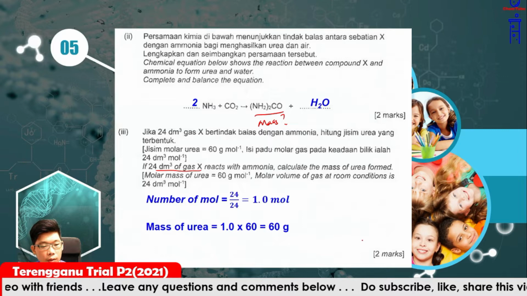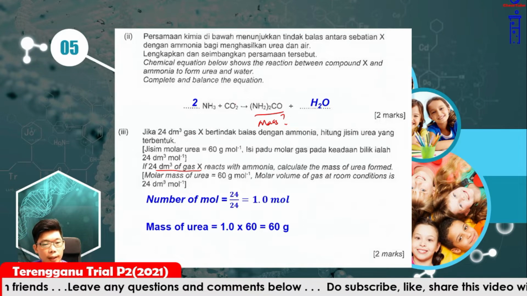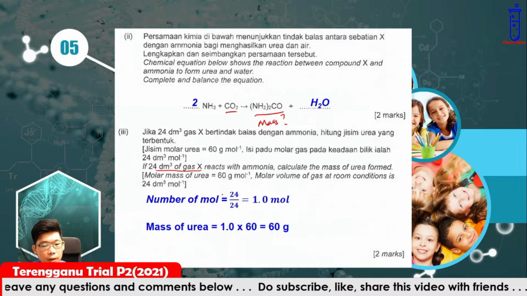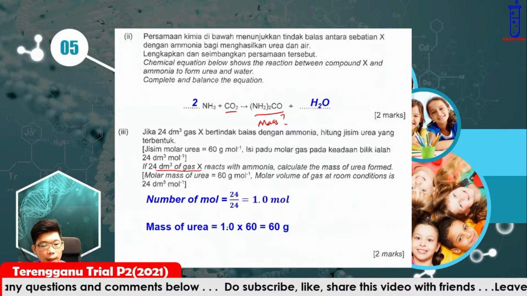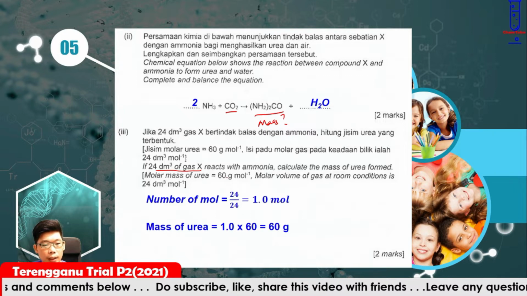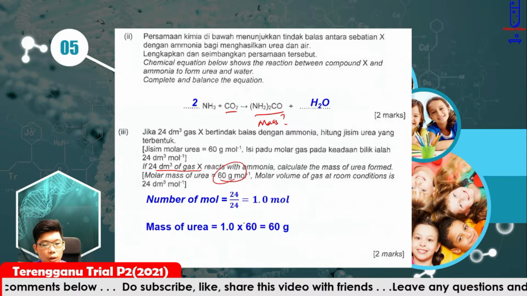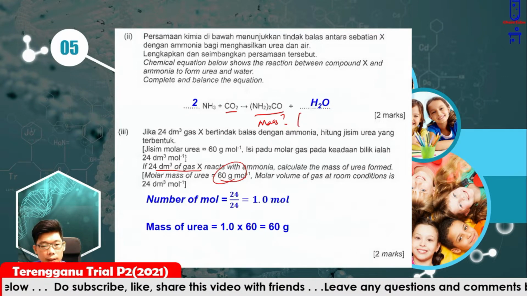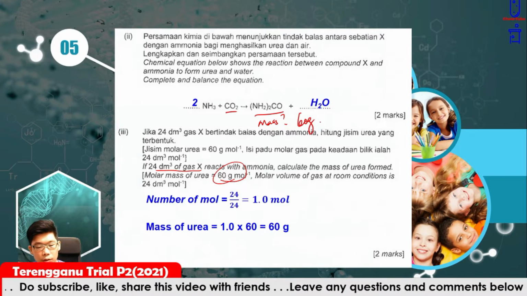So the mole ratio will be 1 to 1, meaning that the urea is also 1 mole. The molar mass of urea is 60. So mole times the molar mass, it's 60 gram, meaning that 60 gram is produced.